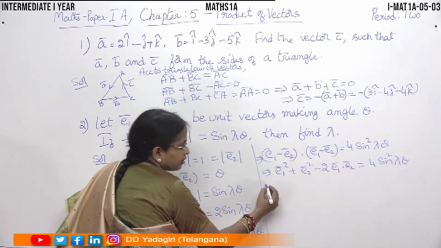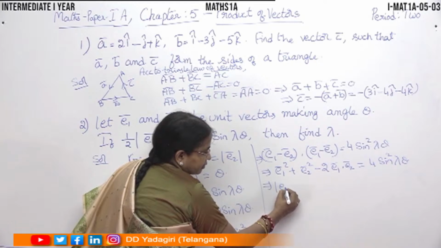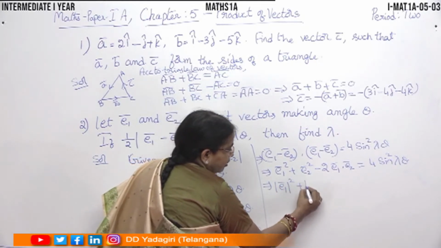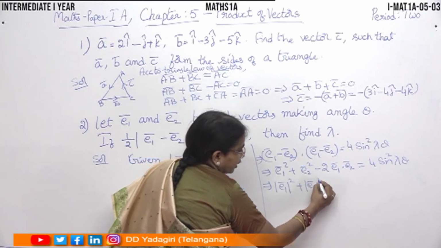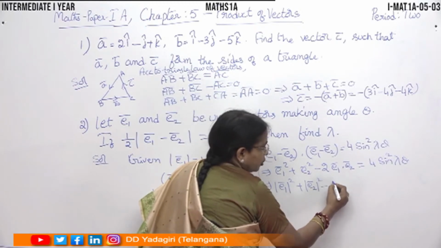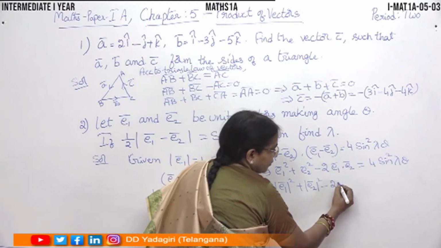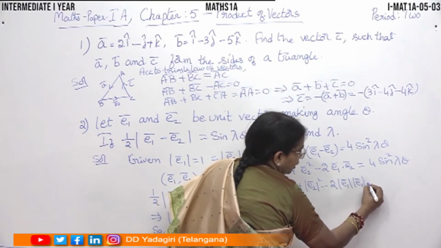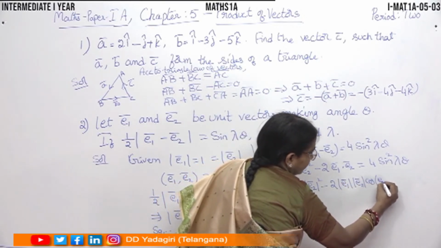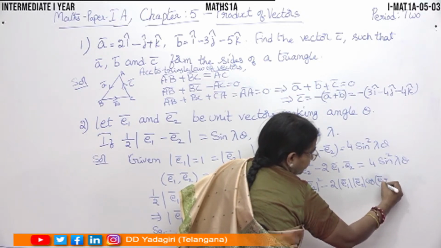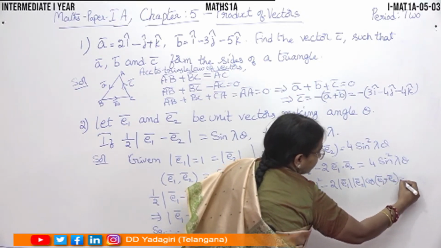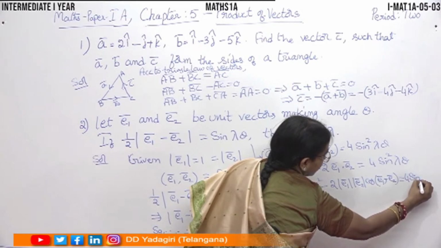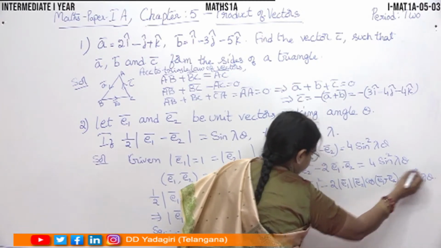Now E1 square is nothing but mod E1 square plus mod E2 square minus 2 into, write the formula for this, mod E1 into mod E2 into cos of angle between E1 and E2 is equal to 4 sine square of lambda theta.